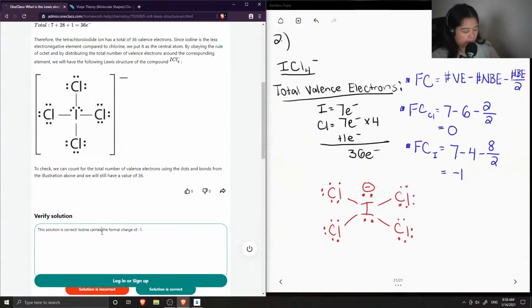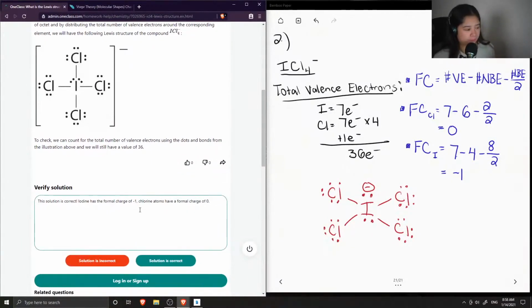Or, iodine has the formal charge of -1, and chlorine atoms have a formal charge of 0. Just so that we can know where the -1 charge came from.